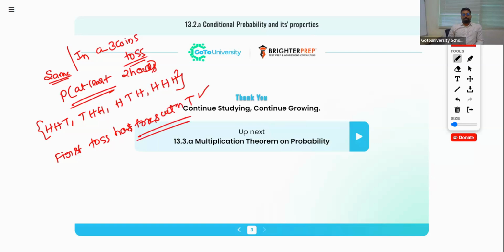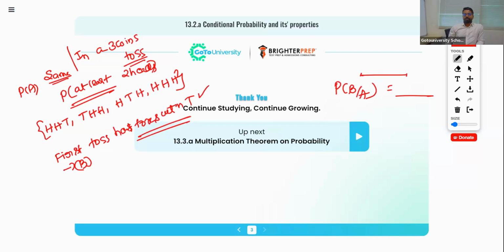Now tell me how do you solve this? First toss has to be tail. So we have to further come to this, right? So first I need to have the condition, say this is B and this is A. So my condition is now P of B by A, conditional probability. So the first toss has to be tail out of the probability that we are getting at least two heads.